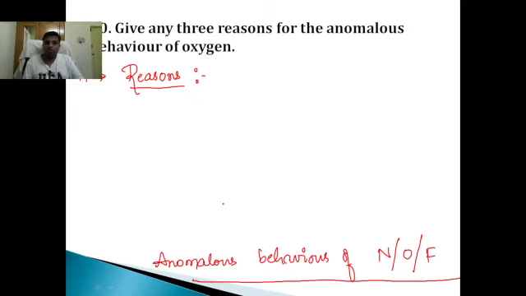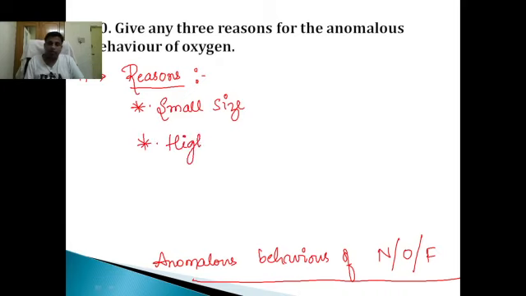What are those reasons due to which oxygen exhibits anomalous behavior? 3 reasons, very simple. One is small size. Small size, this is one of the best reasons. The other one is high ionization enthalpy. Small size, high ionization enthalpy, high electron gain enthalpy.